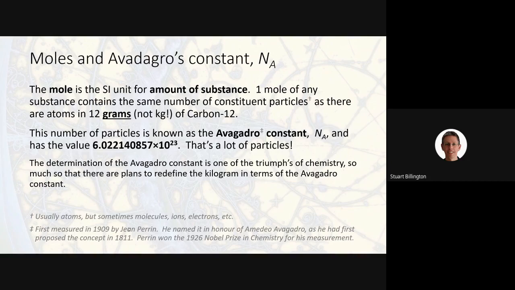So how have the chemists chosen to define it? Well, they're sticking with their carbon-12, and what they're saying is that 1 mole of a substance is however many particles there are, however many atoms there are in 12 grams of carbon-12. So I wouldn't want you to think that somebody sat there with 12 grams of carbon-12 on their top pan balance and then sorted through it with a microscope and counted the individual atoms.